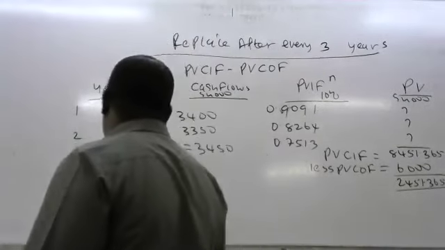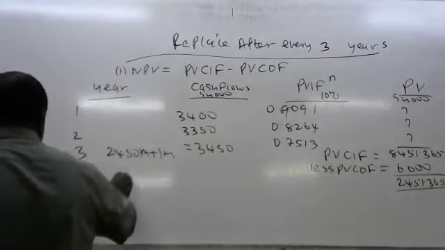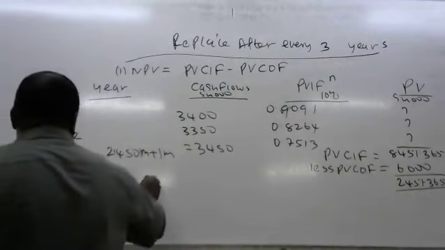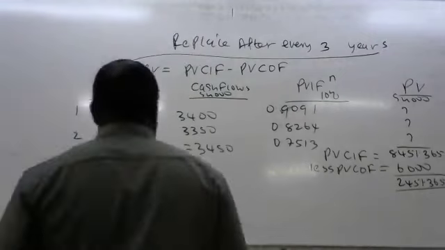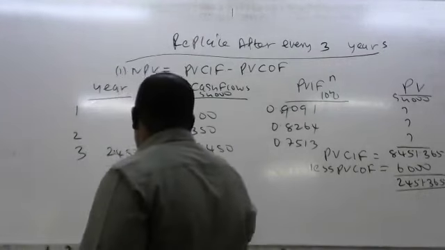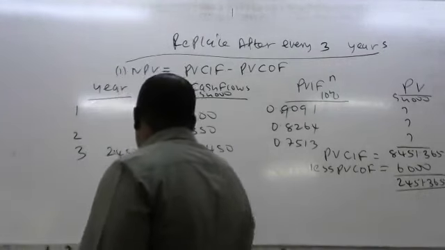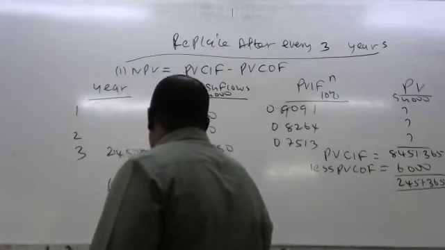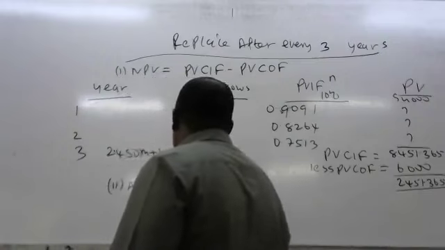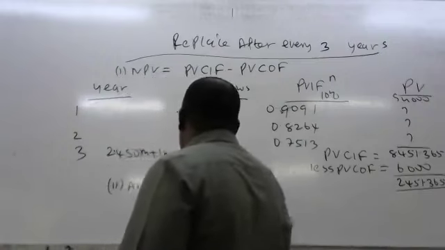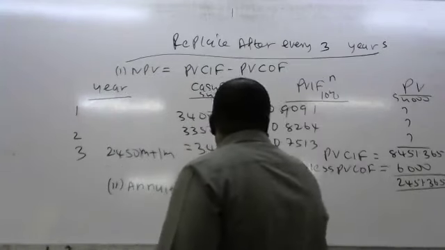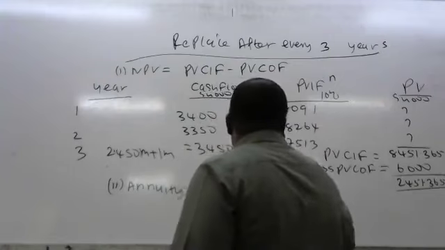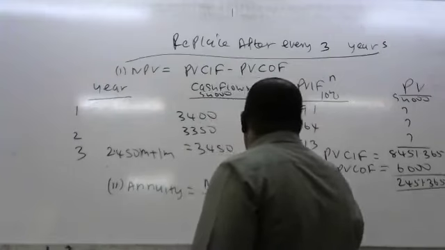Then after that, you got the step number 2, the annuity. So annuity will simply be given by NPV, then present value interest factor for the annuity, 10% for year 3. So that NPV is 2,451,365.